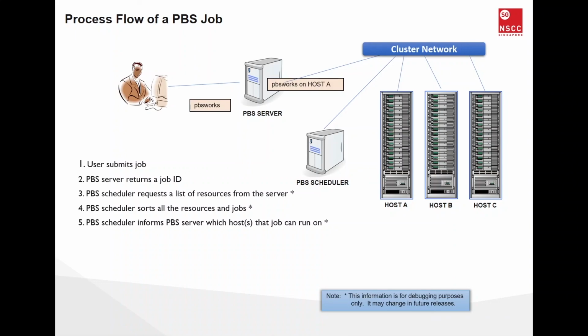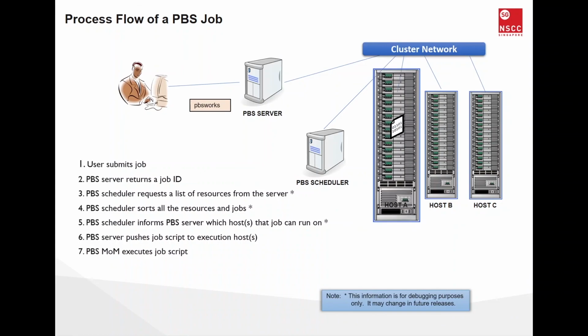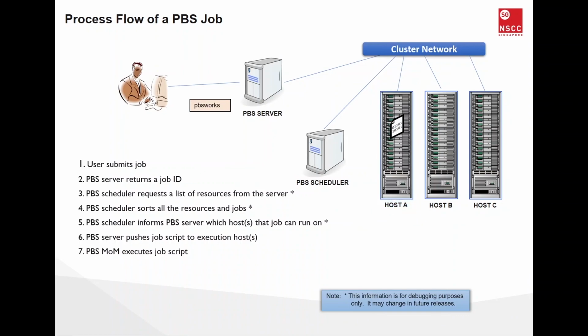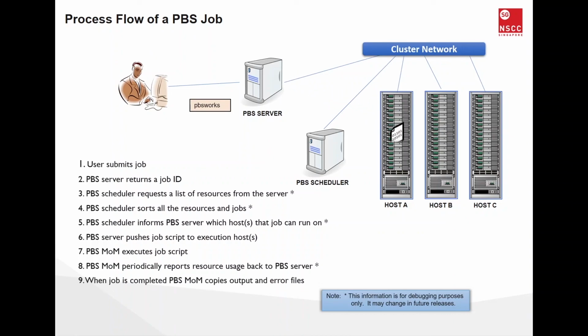There is a component called PBS MOM, Machine Oriented Mini Server, which keeps track of the node where the job is running and is responsible for executing the job. PBS MOM also reports periodically to the PBS server. The last but one step is to copy back the error and output files once the job is finished. Finally, the user gets notified in case a notification is configured.